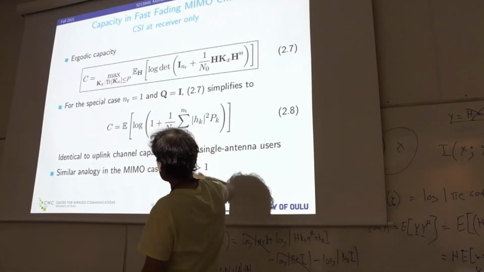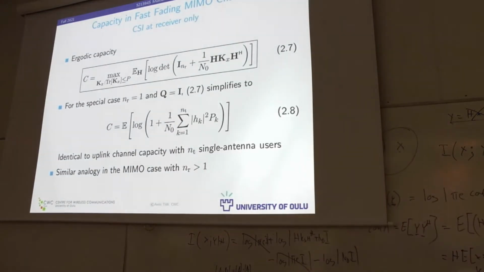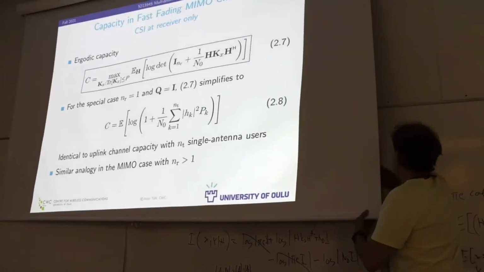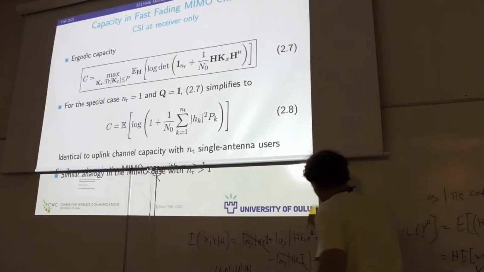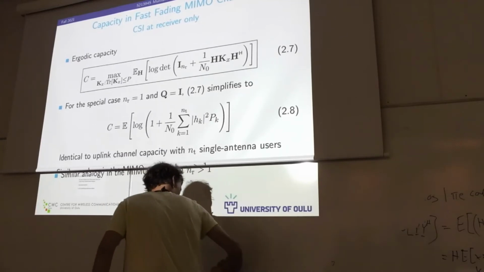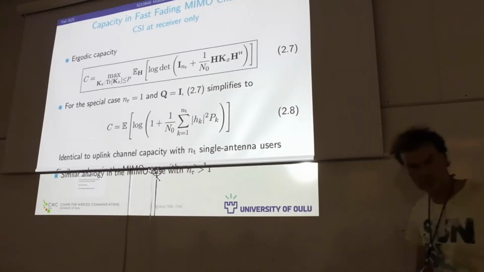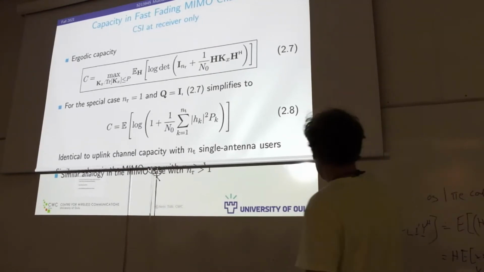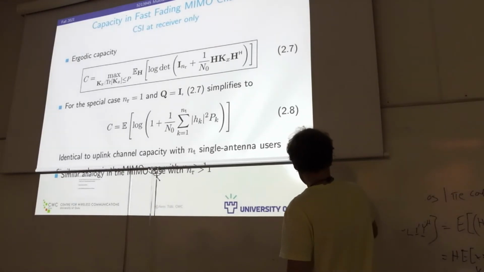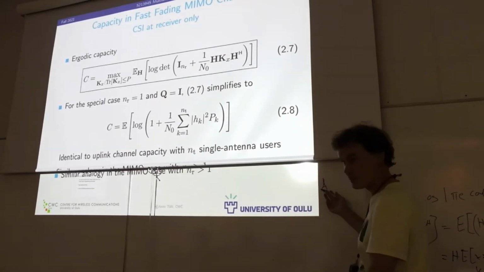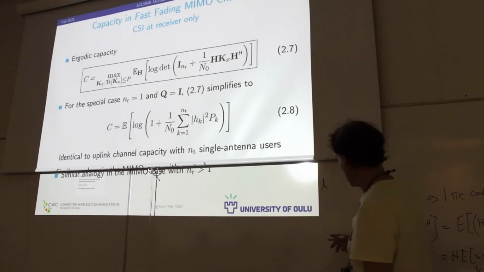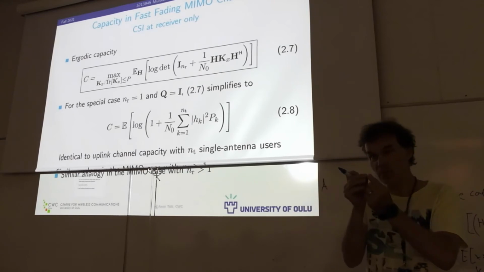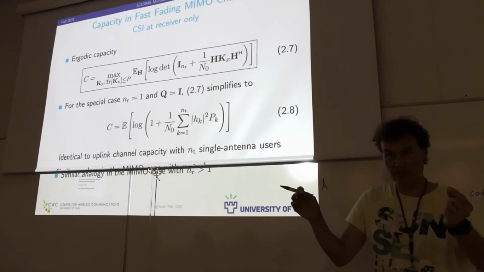Okay, if we consider a special case where we have just a single receive antenna, this is just to show that everything holds. Then it's basically equivalent to a single receive antenna, and assuming that you have independent streams per antenna, it doesn't really matter whether these antennas are placed in one device or apart.